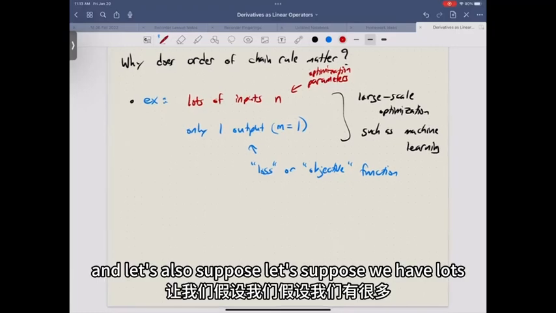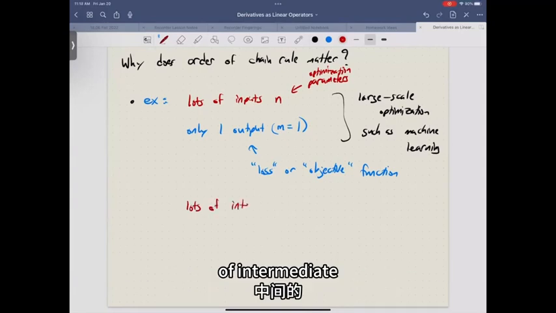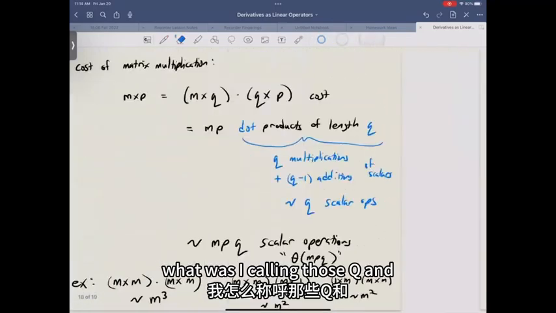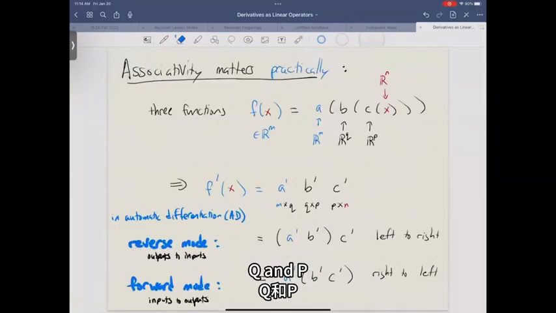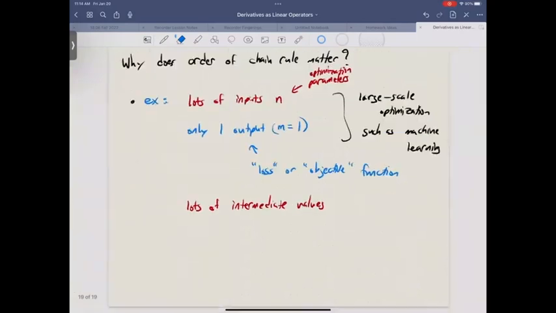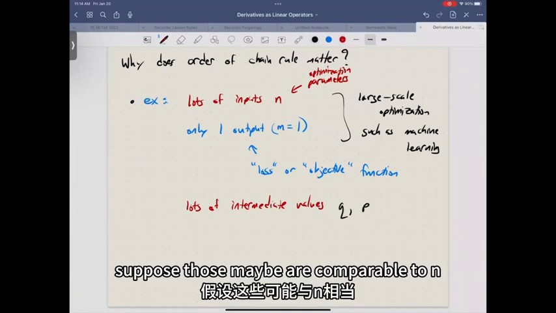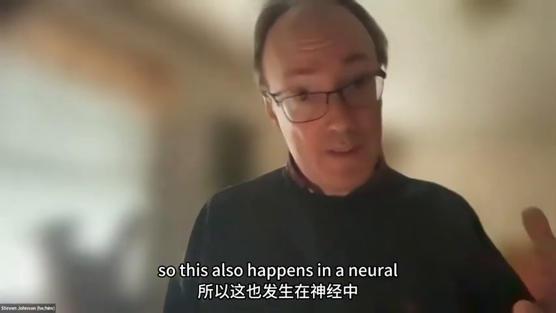And let's also suppose we have lots of intermediate values, what was I calling those? Q and P. Suppose those are comparable to N. This also happens in a neural network.